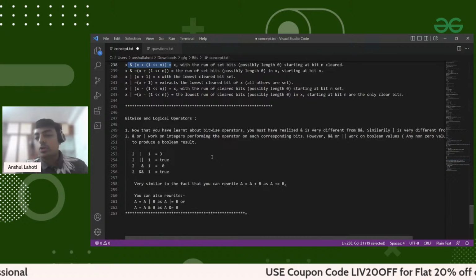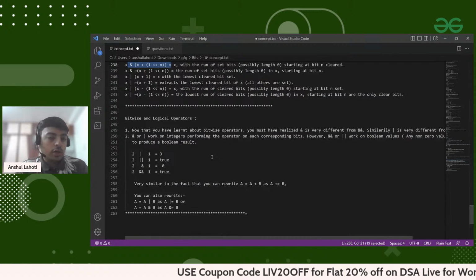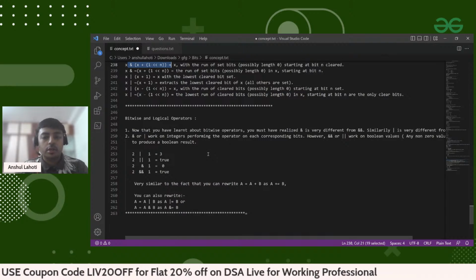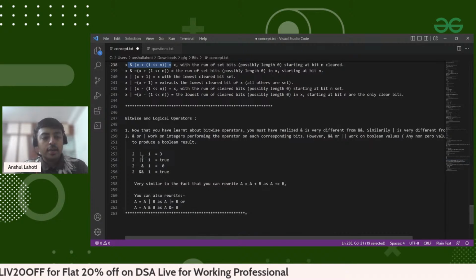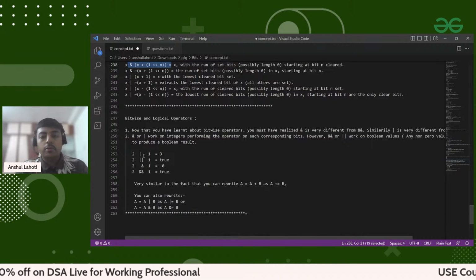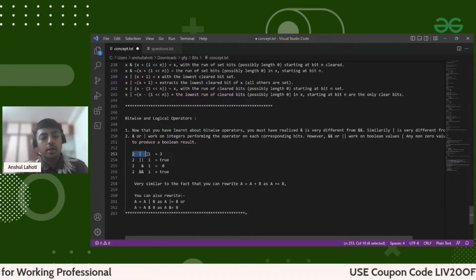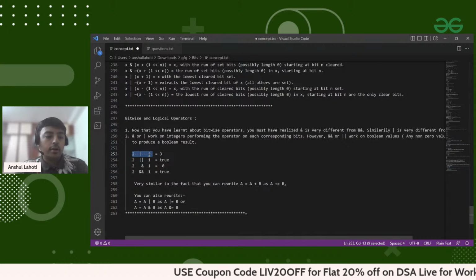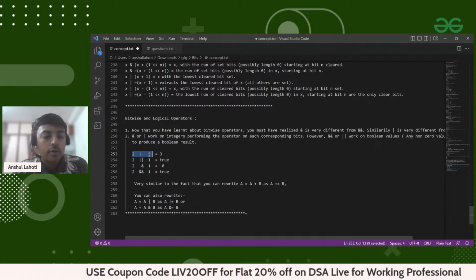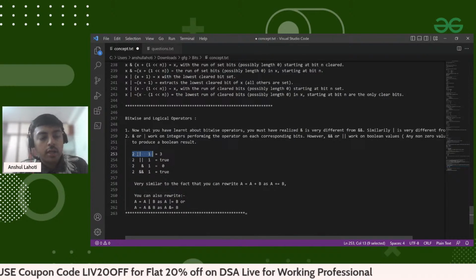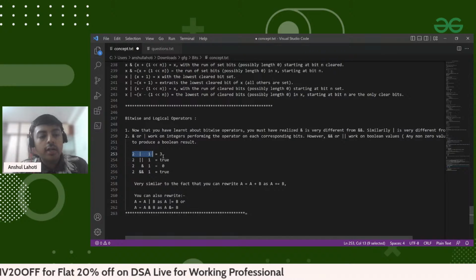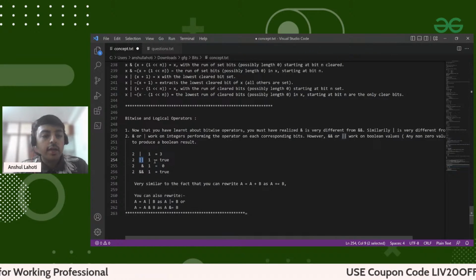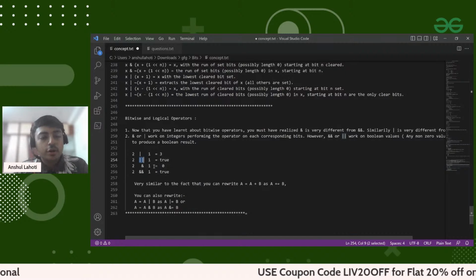In the start I was telling about the logical operators and the bitwise operators. Just a difference here: take two numbers, 2 and 1. If you take the bitwise OR, you will get 3. If you take the logical OR, you will get true in return. So this is the difference basically.